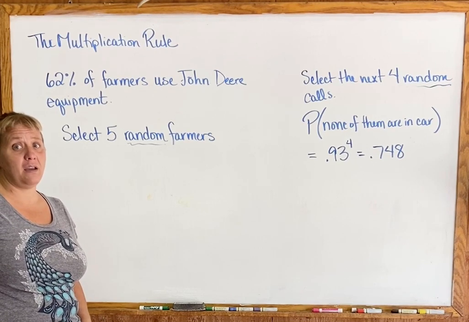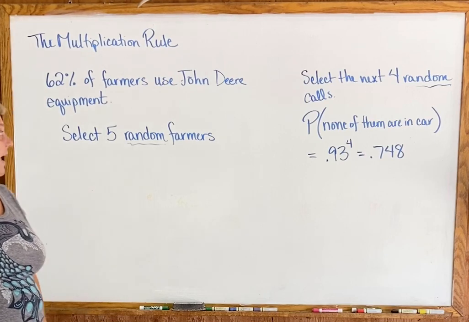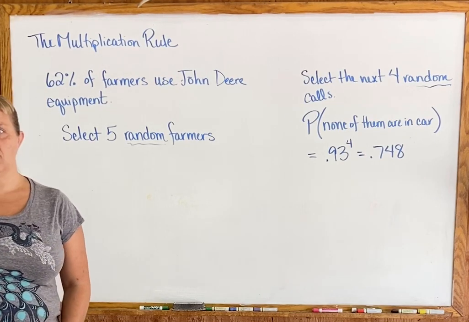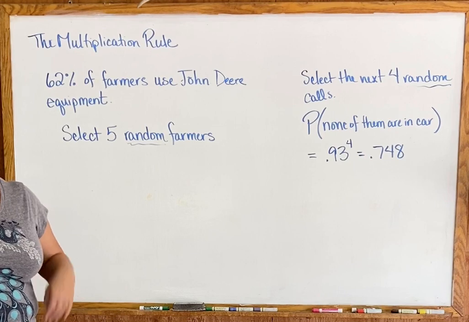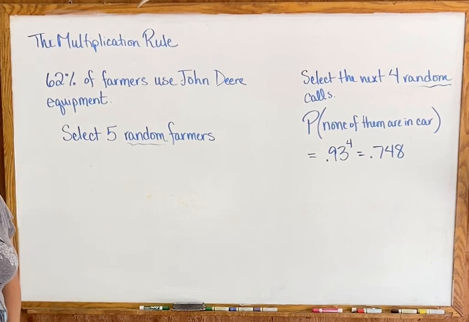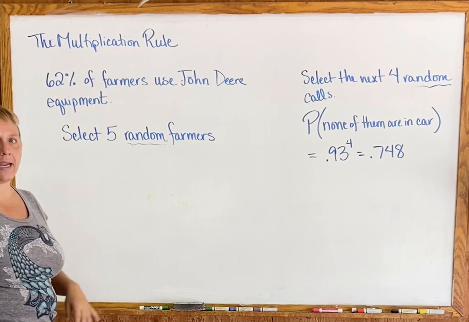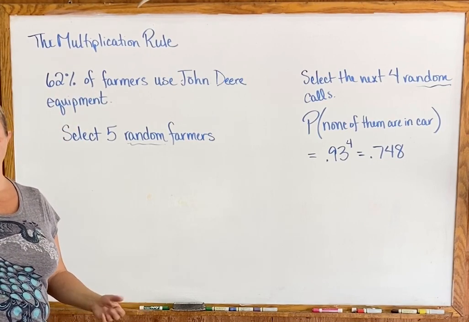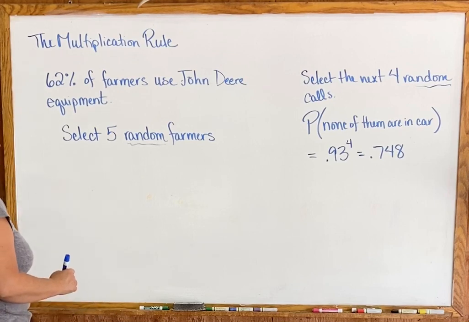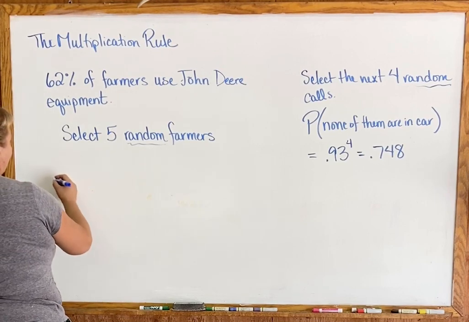If you're a farmer and your grandpa was a farmer and your grandpa used John Deere, you most likely use John Deere. So we have to make sure that these are random farmers and like not all from the same family or from the same neighborhood, okay? They are just random farmers that we have picked out of a hat, okay? And that's what we're looking at here. And that means that it's independent. It gives us that independence. So select 5 random farmers.